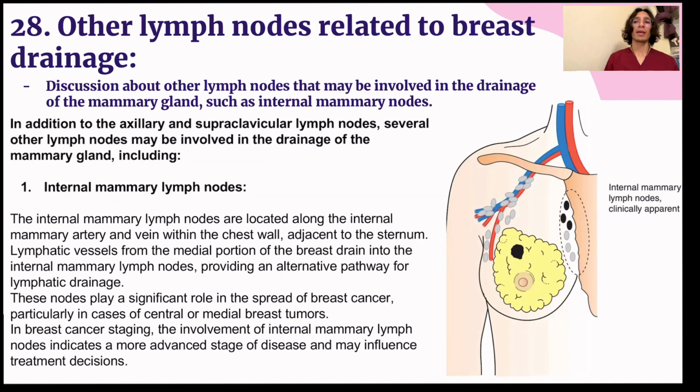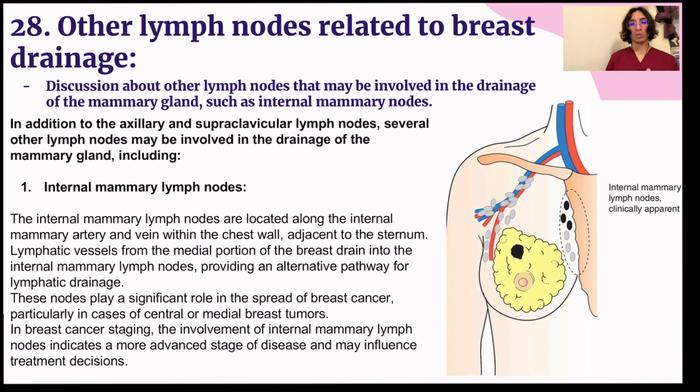Other lymph nodes related to breast drainage. Internal mammary lymph nodes. The internal mammary lymph nodes are located along the internal mammary artery and vein within the chest wall, adjacent to the sternum. Lymphatic vessels from the medial portion of the breast drain into the internal mammary lymph nodes, providing an alternative pathway for lymphatic drainage.